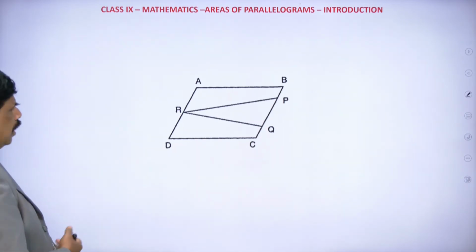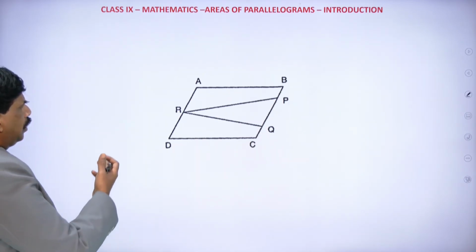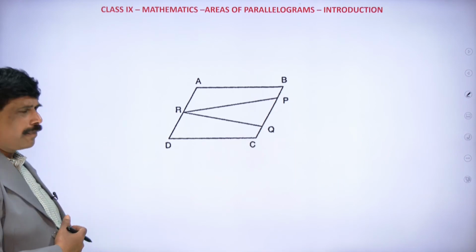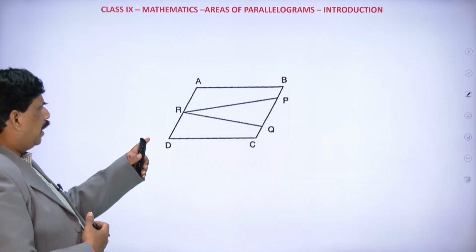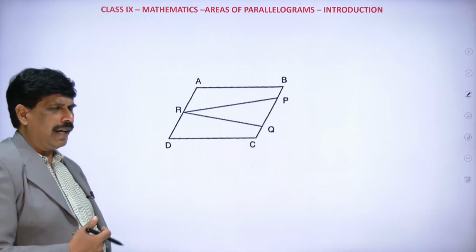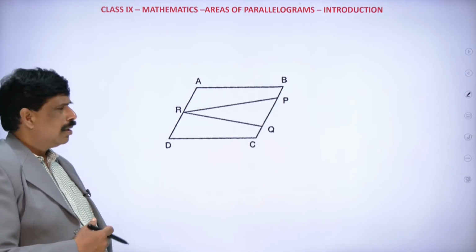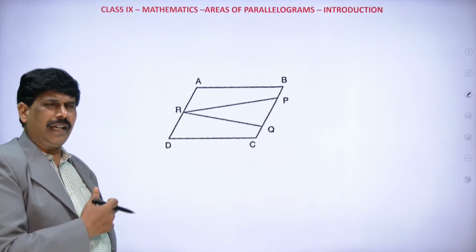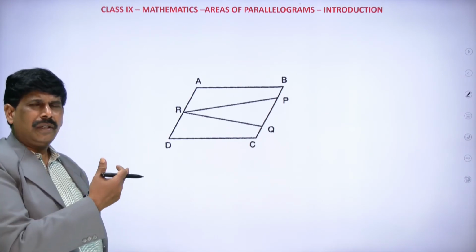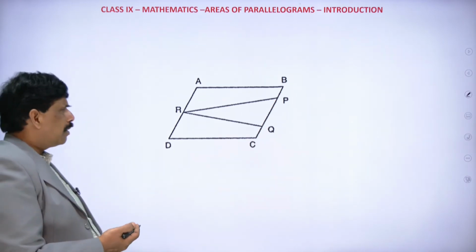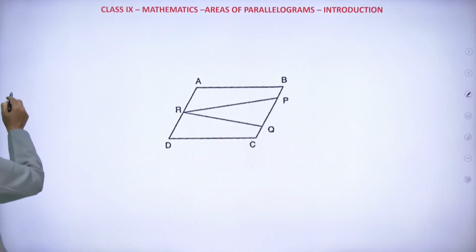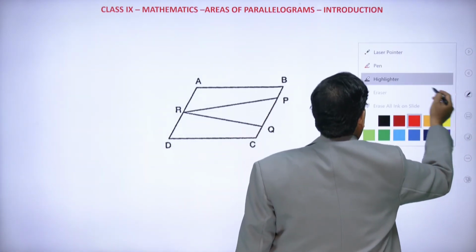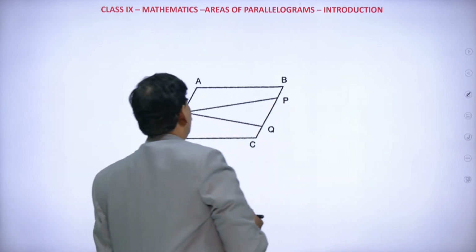Yes, you look at here. ABCD is a parallelogram, and PQR is a triangle. Are these two on the same base? Look at the diagram and confirm yourself. Are they on the same base? So here what will we write?